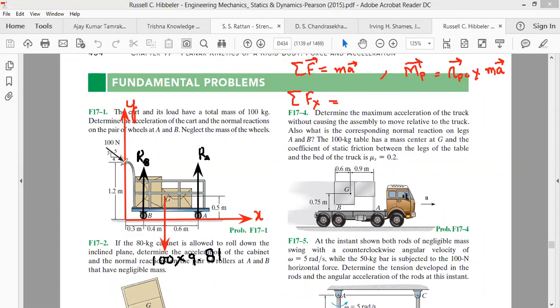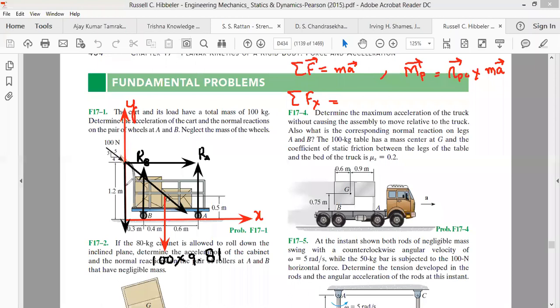So what we have along the x-axis is a force of 100 Newton, which can be resolved into two components. One component will be in this direction, and another component in this direction.